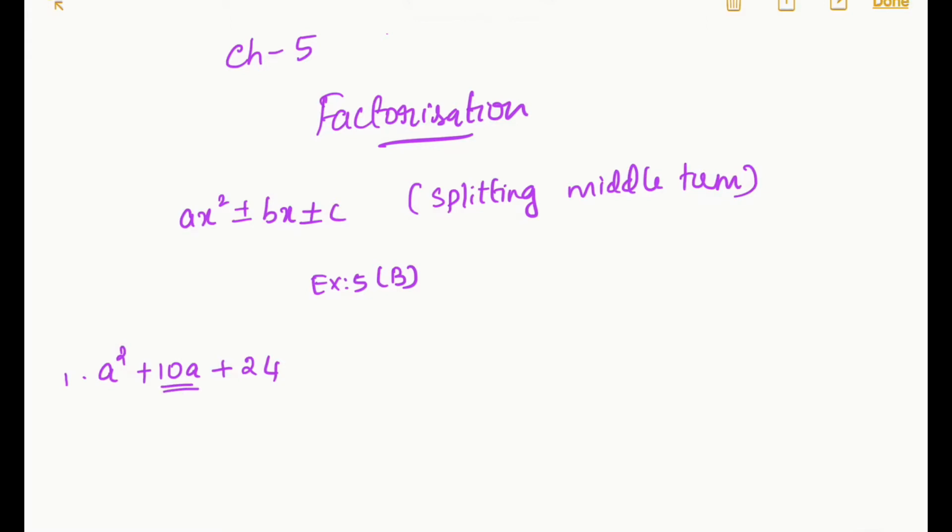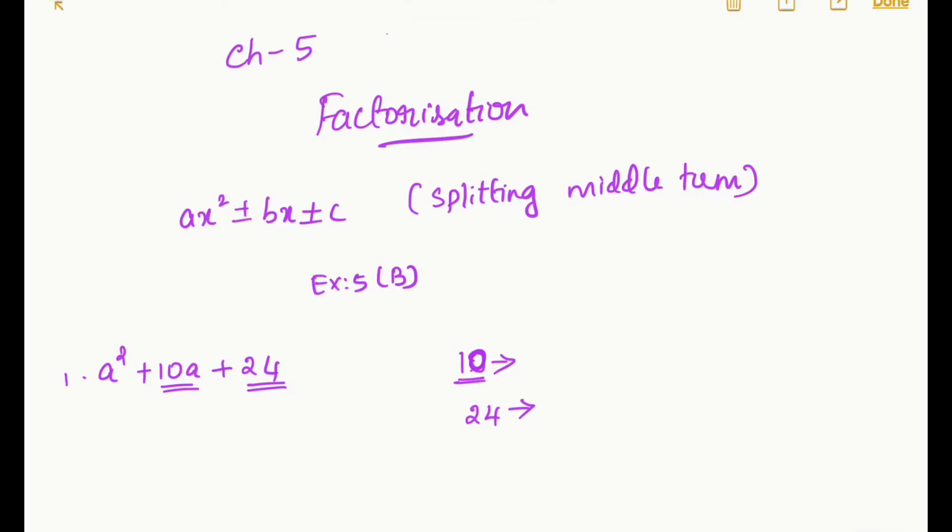We have to see what the middle term is. The middle term we have is 10 here, right? Only the coefficient we are taking, that is 10, and only the constant, c, that is 24. So your sum should be equal to 10 and your product should be equal to 24.